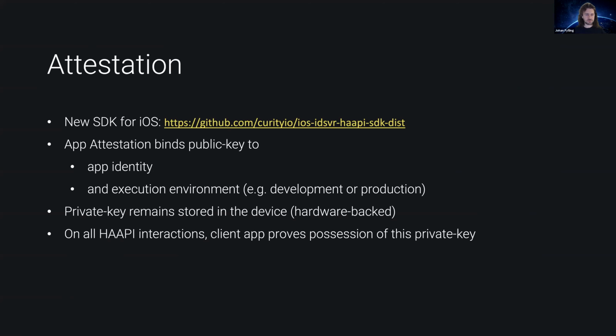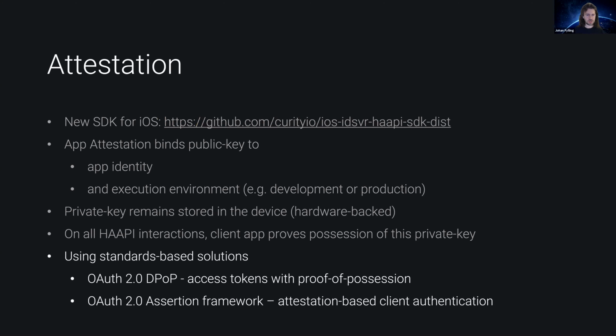All of this we take care of in our SDK for iOS, which, as I said, is a way to neatly bind the running app instance to the current session, and all of this is done using standards such as OAuth 2 and DPoP, and nothing really special here. So we haven't reinvented the wheel.